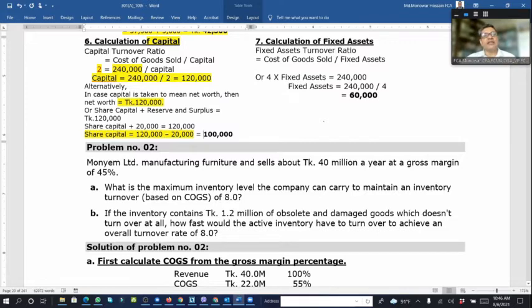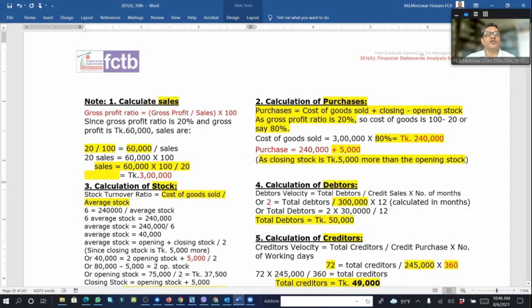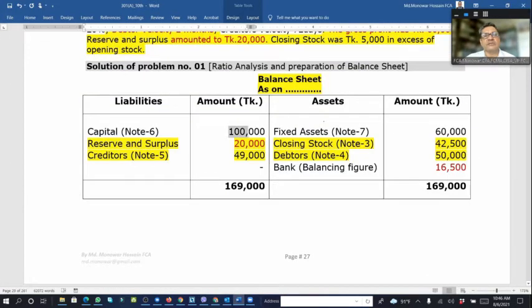So here 1 lakh is the capital. We can calculate this way. So look here, that item is 1 lakh as per note 6. Reserve and surplus is also part of capital, because the owner of the reserve and surplus is the shareholder or owner of the company. So it is included there, but though a separate item, so putting here.